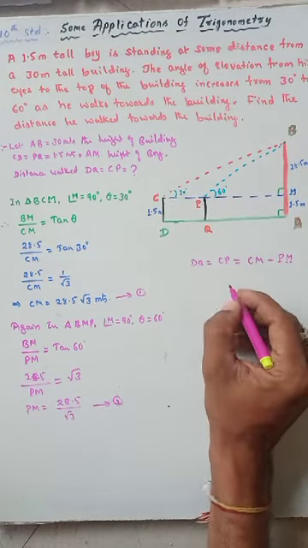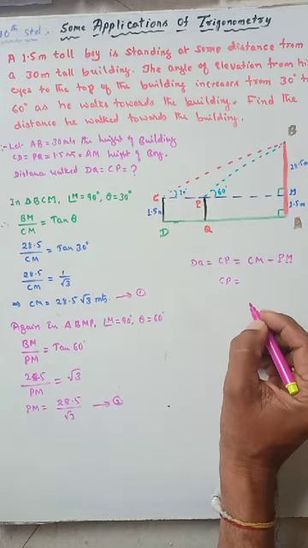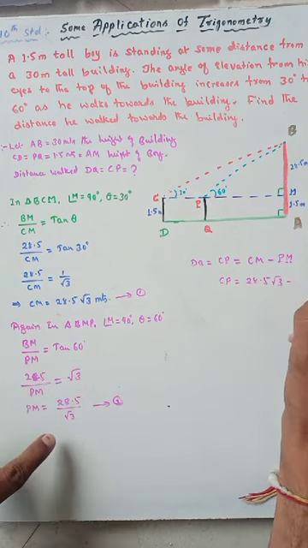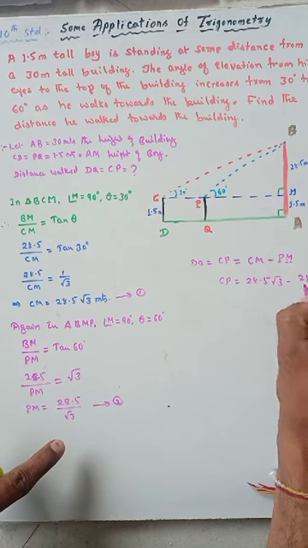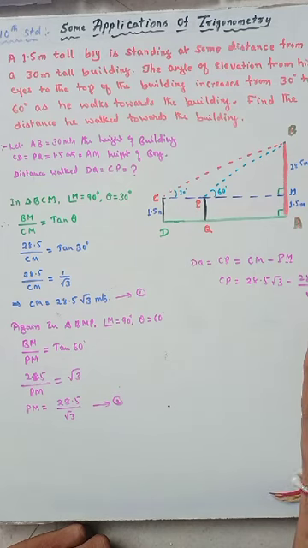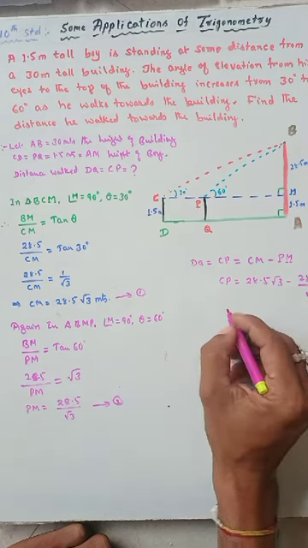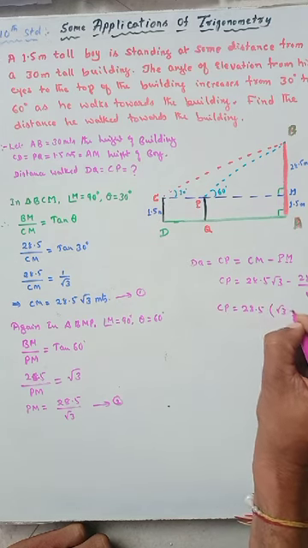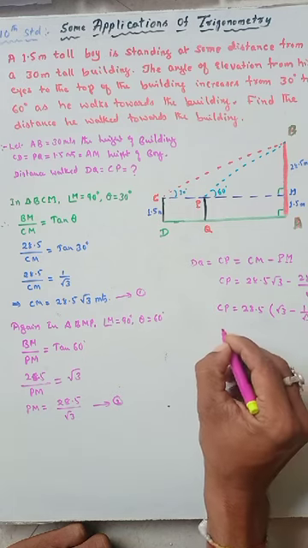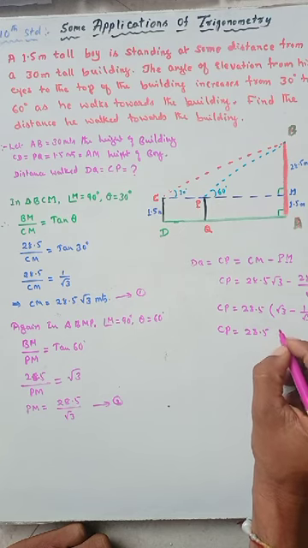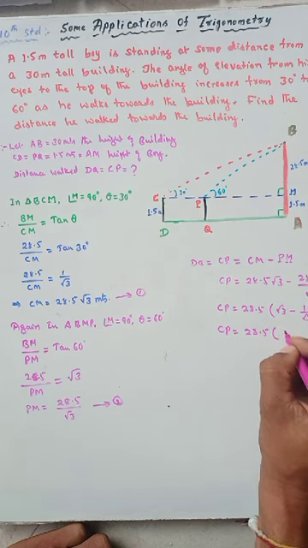So CP is equal to, CM is found to be 28.5 root 3 minus PM, which is 28.5 by root 3 here. Here itself we can rationalize, otherwise we can simplify as it is. What is common here? 28.5 is common, root 3 minus 1 by root 3. Now take the LCM: root 3 into root 3 is 3, minus 1, by root 3 here.